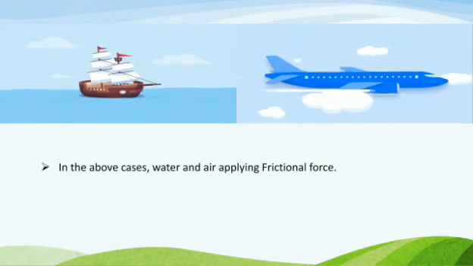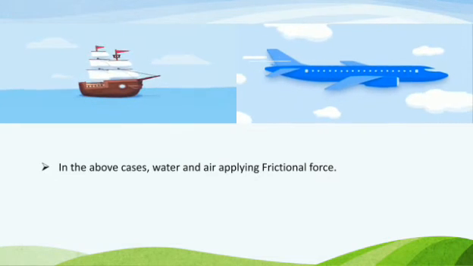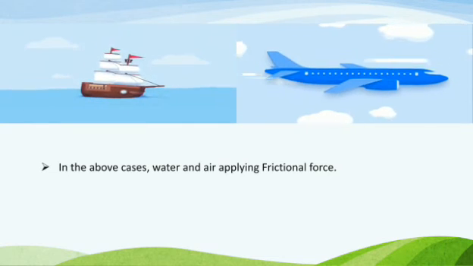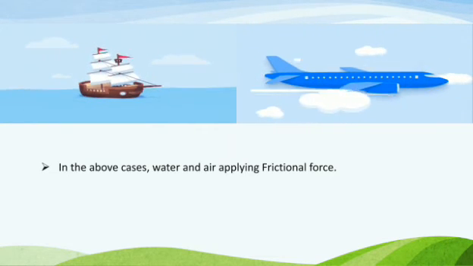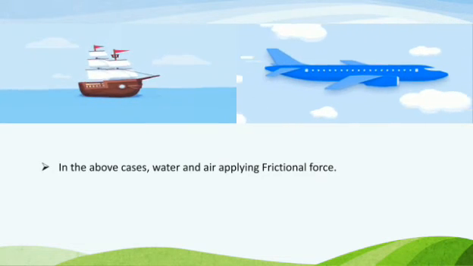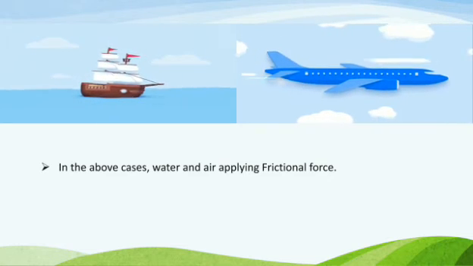That means in case of a boat, the water is applying frictional force, and in case of an aeroplane, the air is applying the frictional force. In these two cases, liquid and gases together are called fluid. We can say that the fluids are applying the frictional force here.